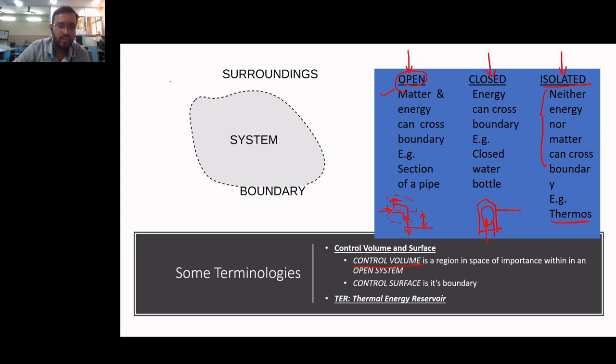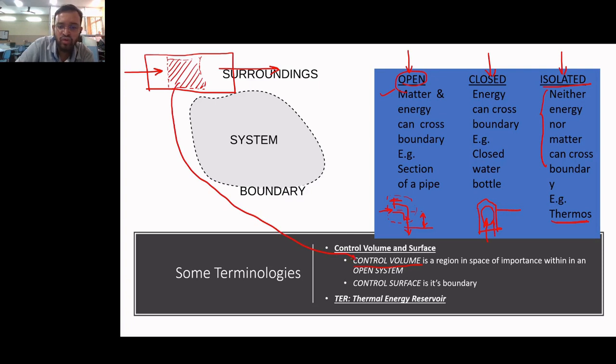For example, in an open system where you have mass entering the system and mass exiting the system, we want to analyze just a small region in that entire setup. Say there's a pipe, there's water entering the pipe and water exiting the pipe, and we want to analyze what is happening in the middle of the pipe. This region which we are analyzing is going to be termed as control volume.